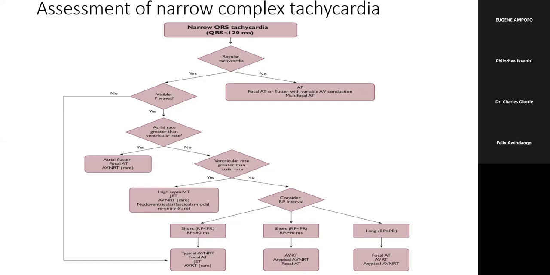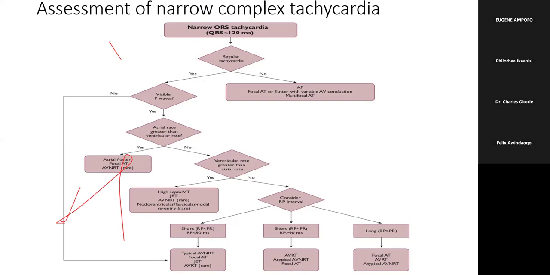And then if the ventricular rate is not greater than the atrial rate, we consider the RP interval. This will also help buttress the more typical diagnosis. So if we have a short RP, that is, the RP is less than the PR interval, thereby RP is less than 90 milliseconds, we are thinking of the typical, that is the slow-fast AVNRT, and then focal atrial tachycardia and others.